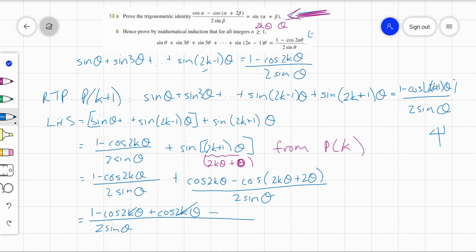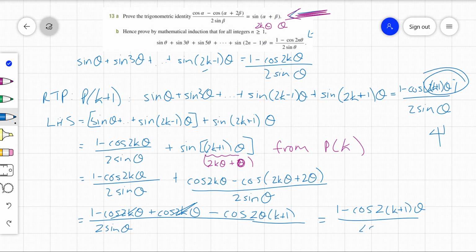Minus cos, and these have both got a 2 and a theta in them, so that would be a k plus 1 left if I were to factorize. And you can see that's the same as, once these two cancel, I've got 1 minus cos, so it's the same as writing the 2 and the (k plus 1) and then the theta, which is the same as here, (2k plus 1) theta on 2 sine theta.